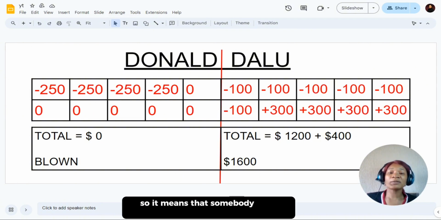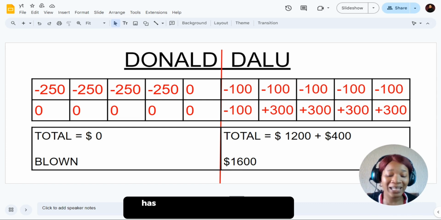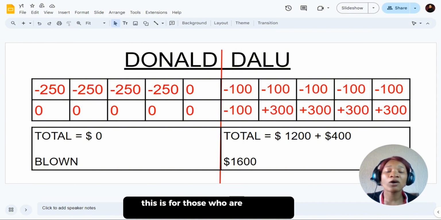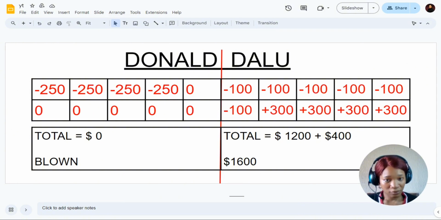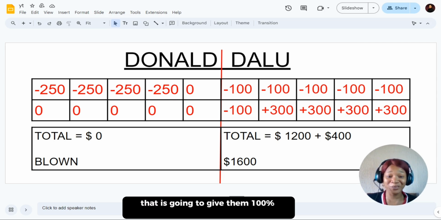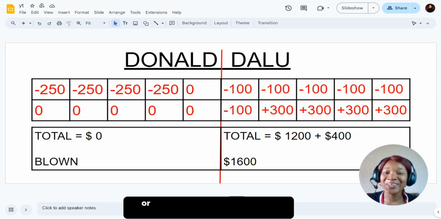So it means that somebody who even has a 40% win rate still has a chance to be profitable in this market. This is for those who are always looking out for a perfect strategy that is going to give them a 100% win rate or a 90% win rate. Most times it doesn't even exist.